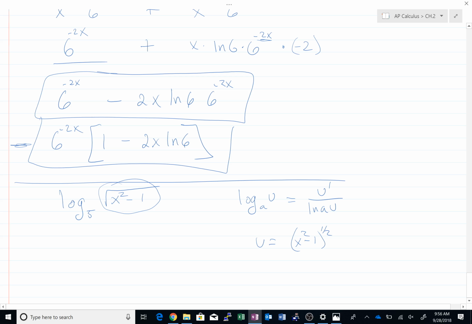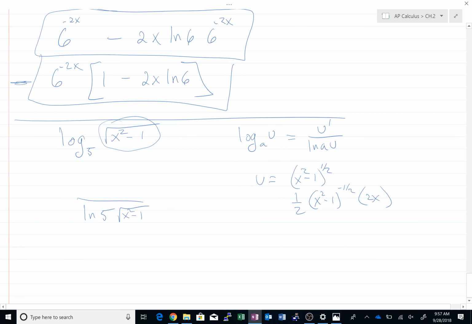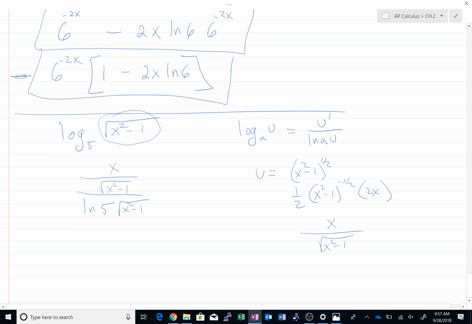Now I just need to find u prime real quick. That's going to be 1/2. Leave that alone. The 2's cancel, so I'll be left with x over the square root of x squared minus 1. All right, so that's my u prime. Now I could do this, and the only reason I'm doing this is because I can see something's going to disappear.